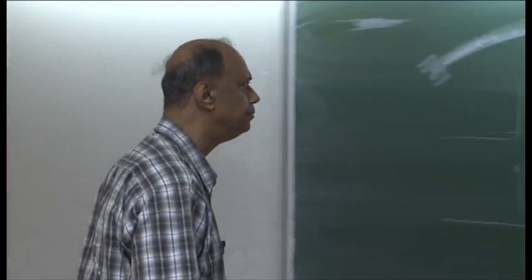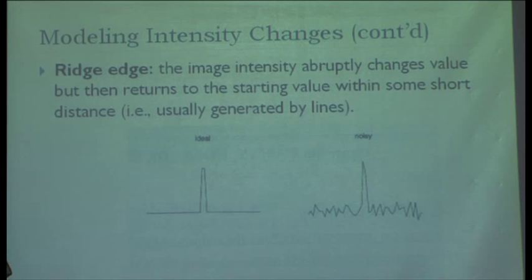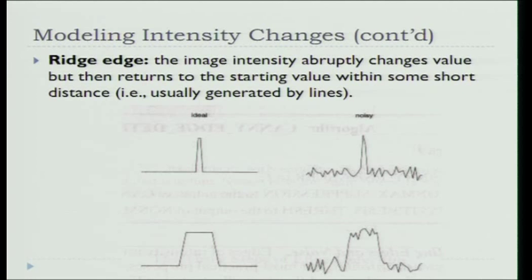Then the ridge edge you will get very frequently. What happens? You have the constant intensity, suddenly it jumps and again comes back and again it is retaining the constant intensity level, right. So, it may look like this one or this one, and with noise you will have the structure similar to this.